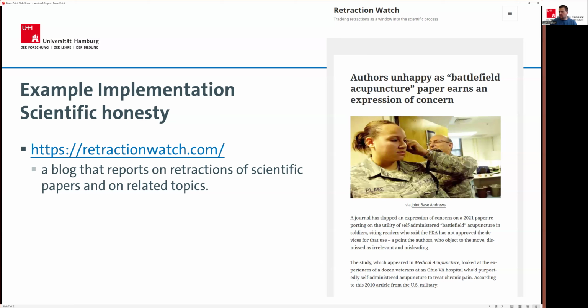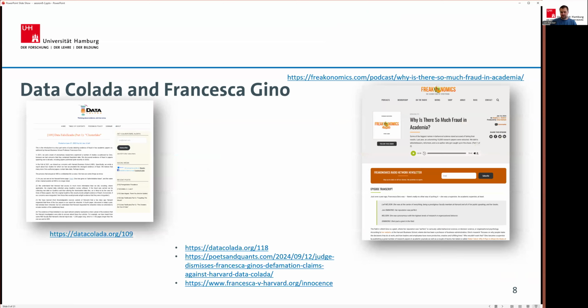I put in one example here, which is from last year, 2024, where a paper from 2021 got retracted that purportedly claimed that acupuncture is a self-administered relief for soldiers on the battlefield, which later has been found to be untrue and invalid, and so it was retracted, and Retraction Watch reported that.